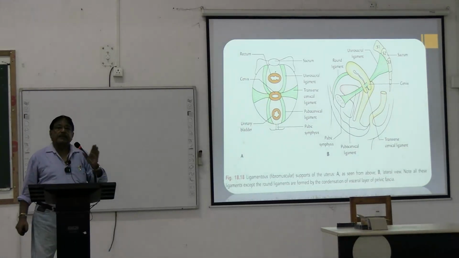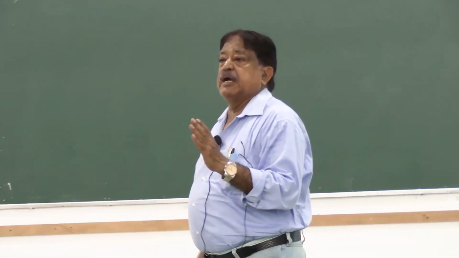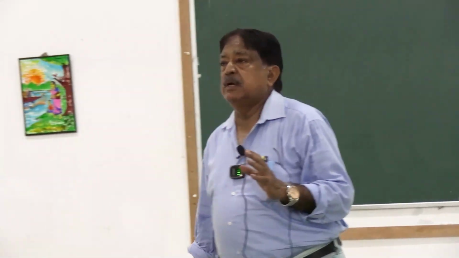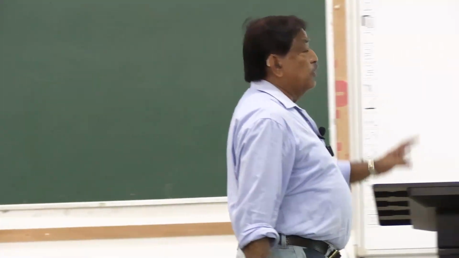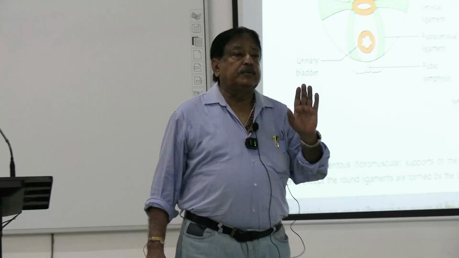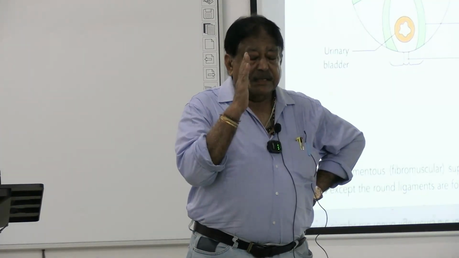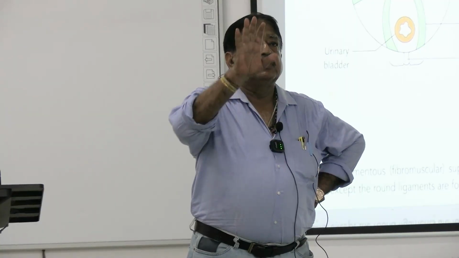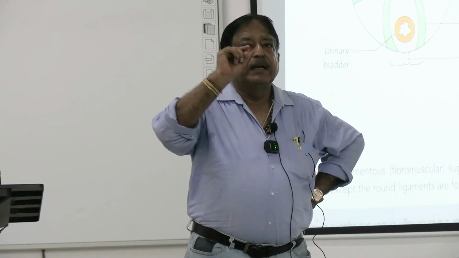Now, this illustration is in all your textbooks, whatever you are reading, you will get it. But first draw at least these four or five figures when you get the question on supports of the uterus. Just keep cool, draw the figures first and label them.